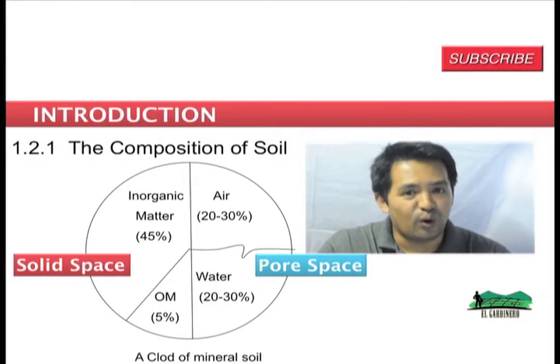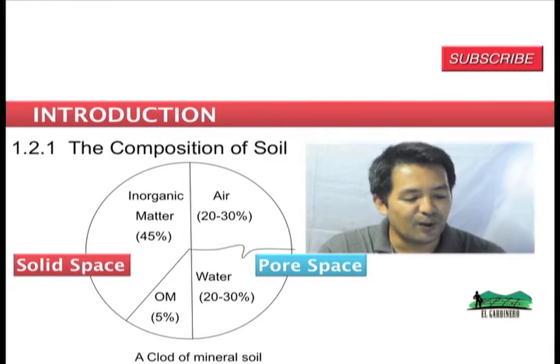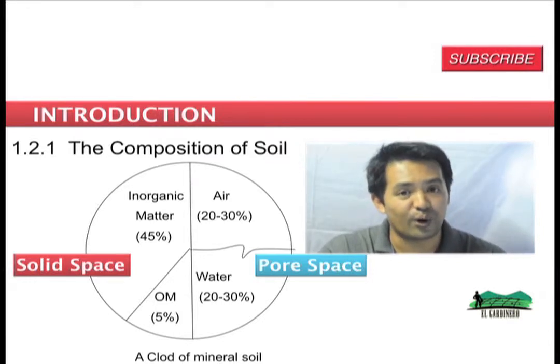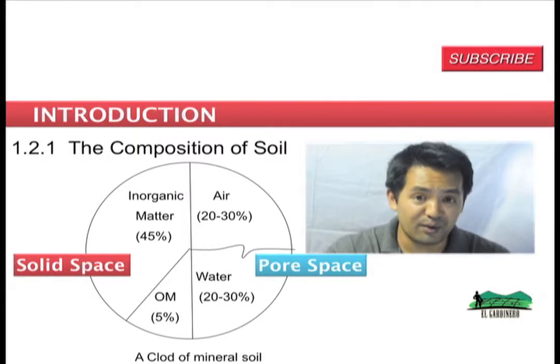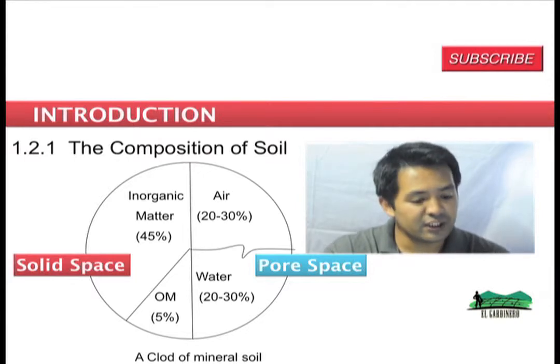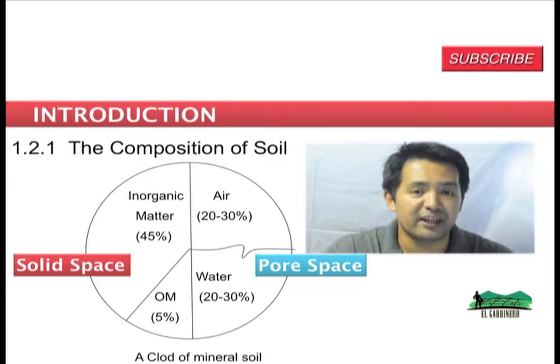So on the first half of the circle, on the left side, we have inorganic matter and organic matter. In a clod of mineral soil, inorganic matter is 45% and 5% for the organic matter. This inorganic matter is a product of weathering of rocks and minerals.